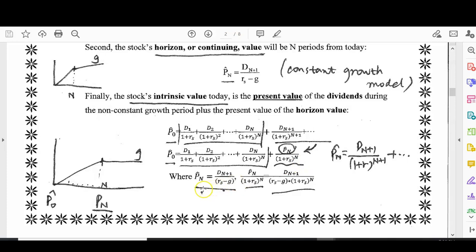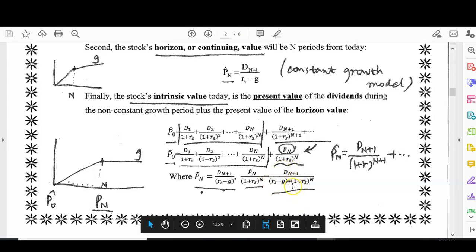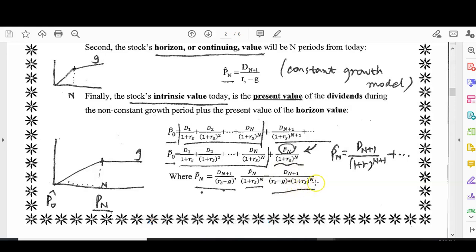Okay, and Pn here equals Dn plus 1 over Rs minus G. Again, it's using the constant growth model in the second stage. Okay, and Pn divided by 1 plus r to the power of n would become Dn plus 1 over Rs minus G, which is Pn, and the denominator multiplied by 1 plus r to the power of n.